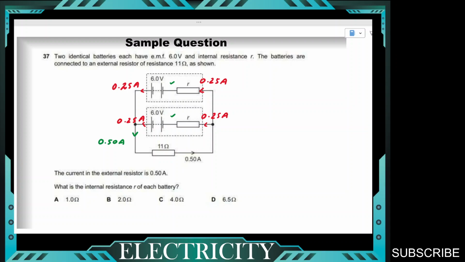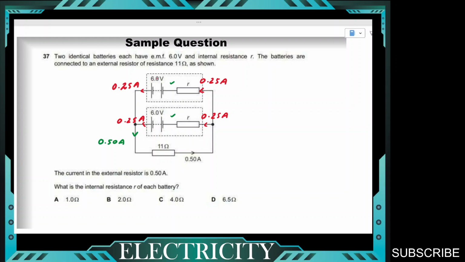And how do we do that? Well, if we are able to find how much voltage is dropped across the internal resistance, we can then find the resistance of the internal resistance as well. Now forget about everything. Let's break it down into very basic steps.